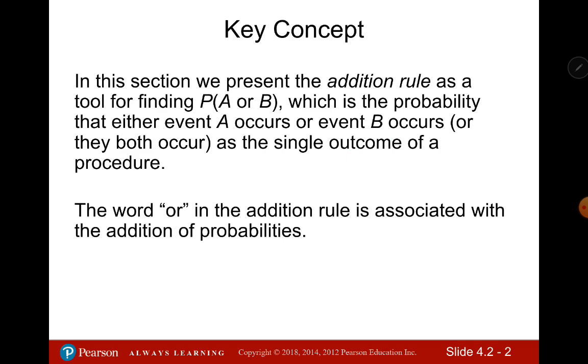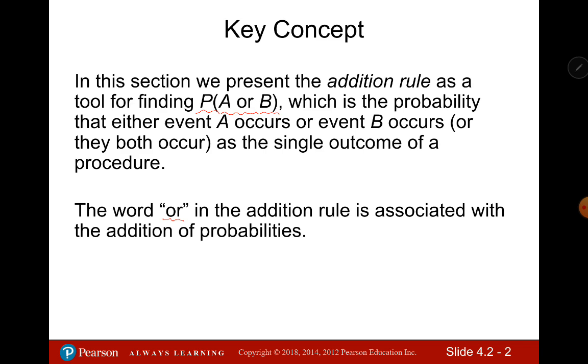If we are talking about the addition rule, we can treat it like the probability that A happens or B happens, or they both happen. Here, we treat "or" as our keyword.